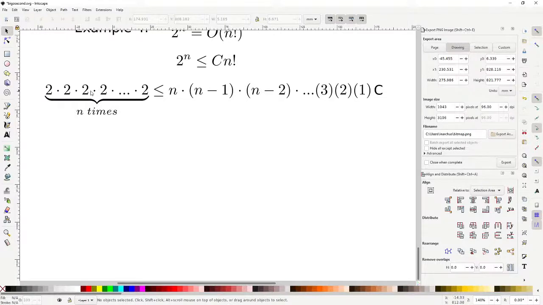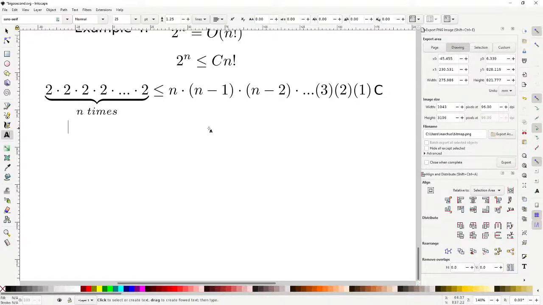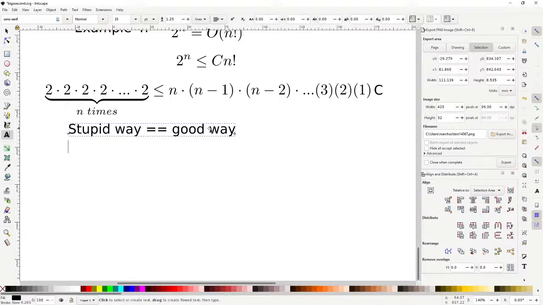Okay, so how do we run this proof? Here's the stupid way, which I think is a good way. I'm just going to say, do you agree that 2 is less than or equal to 2?